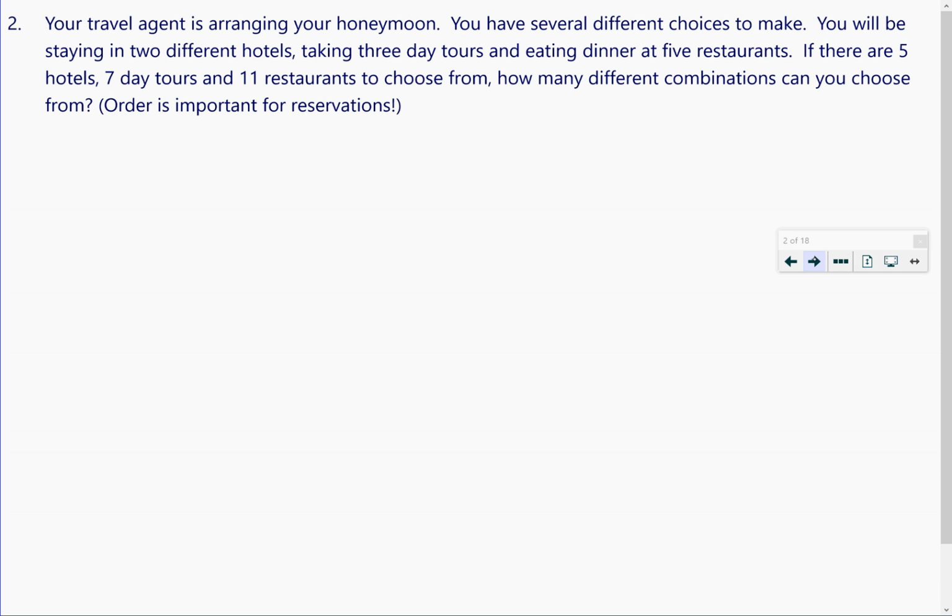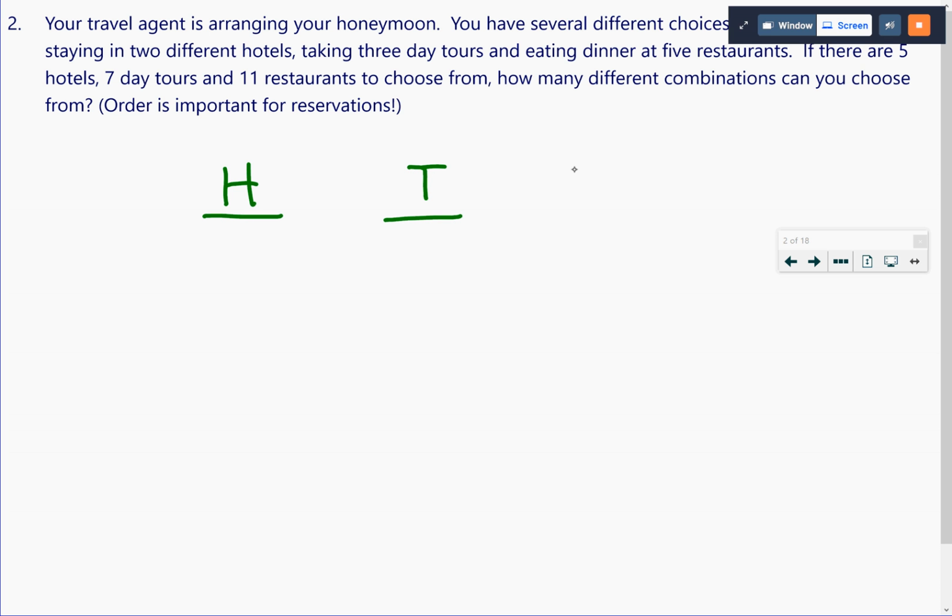All right, so what are the 3 things we're choosing? The first thing we're choosing is hotel, so I was using H for that. The next thing we're choosing is the tours, and the last thing is restaurants. Okay, so let's start with the hotel. We're going to pick 2 different hotels, and we have 7 to choose from.